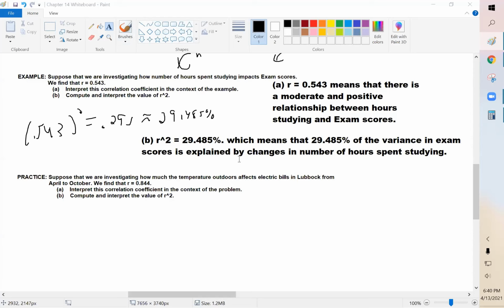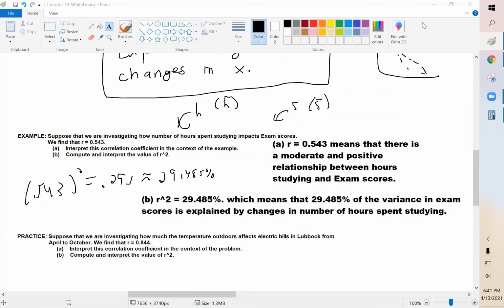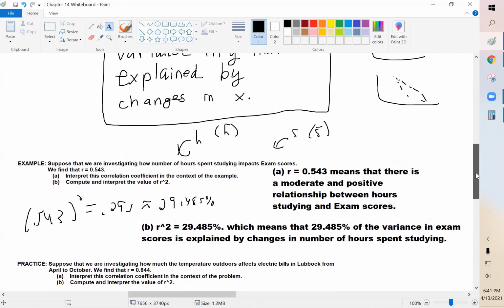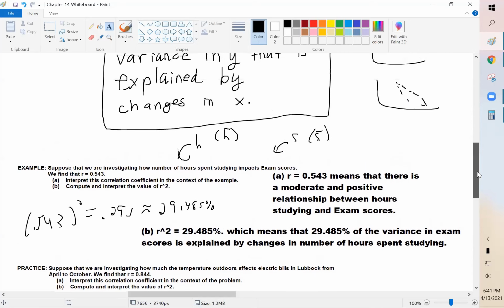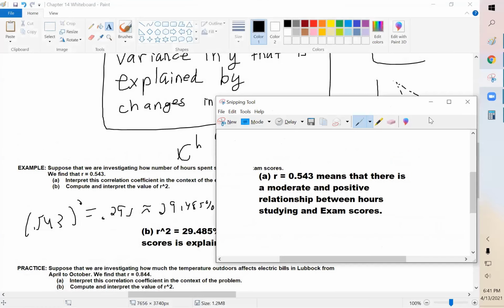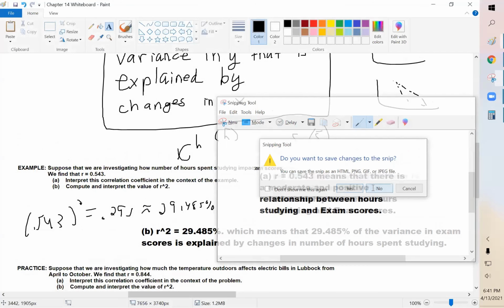Yeah, I'll scroll just a little bit so you can see it a bit better. All right. Hopefully that helps you. If you're at home, you can just use the snipping tool and do something like this. That way you can have it off to the side.